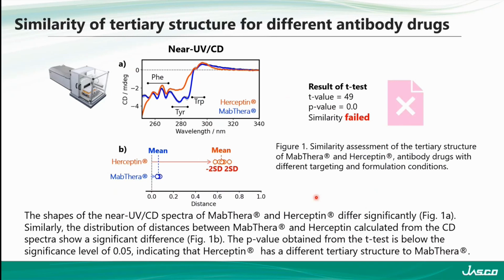So the first example here is we're going to look at the Herceptin versus the MabTera. Here we can see the near UV tertiary CD spectra. So this is looking at the tertiary structure of our protein. The nice thing about this comparison is that visually we can see there is clear spectral difference.